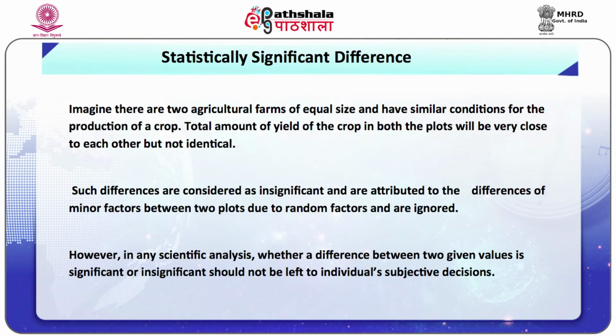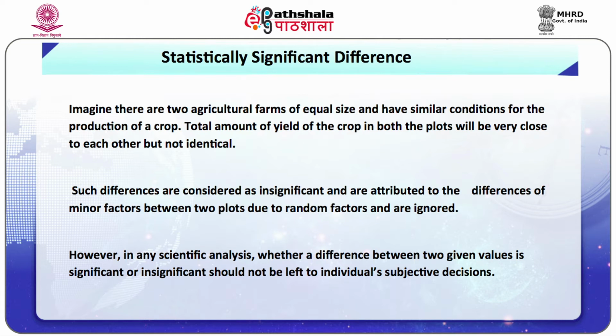Imagine there are two agricultural farms of equal size and with similar conditions for the production of a crop. The total yield of the crop in both the plots will be very close to each other, but not identical. In social research, such differences are considered insignificant and are attributed to differences of minor factors between the two plots due to random factors, and so are ignored.